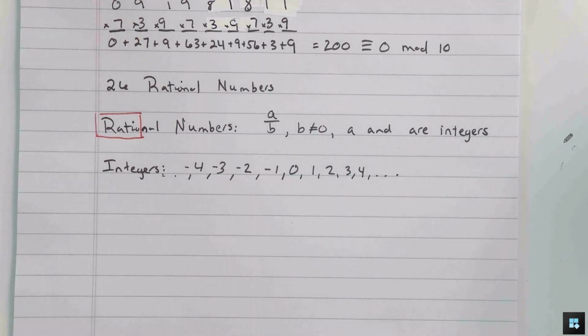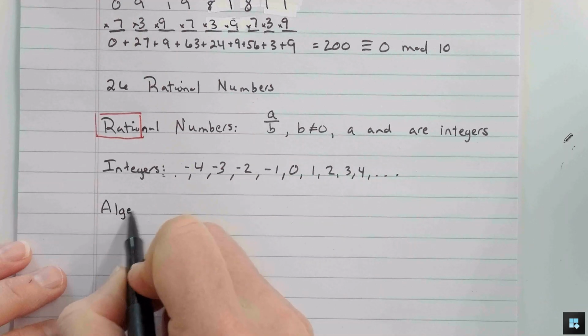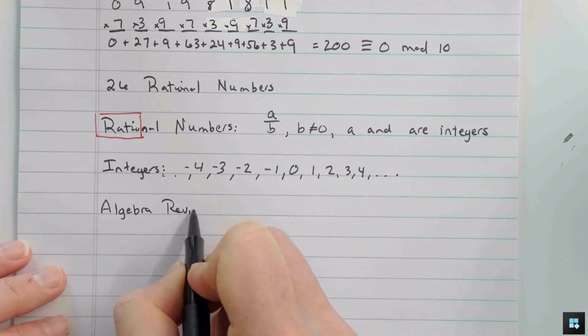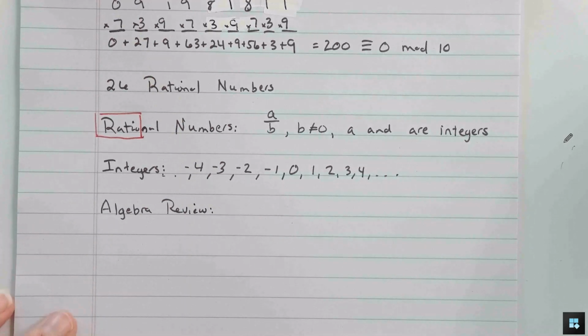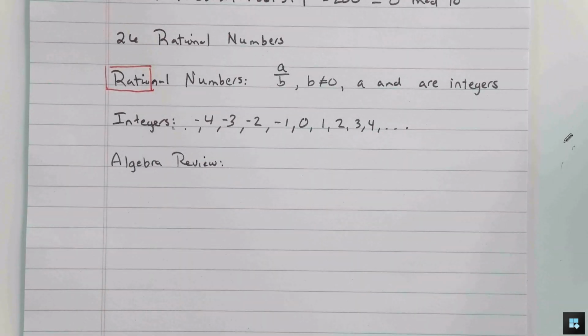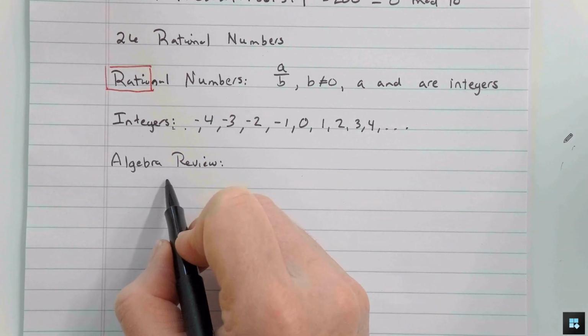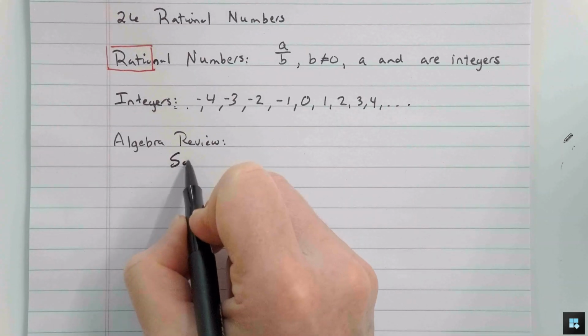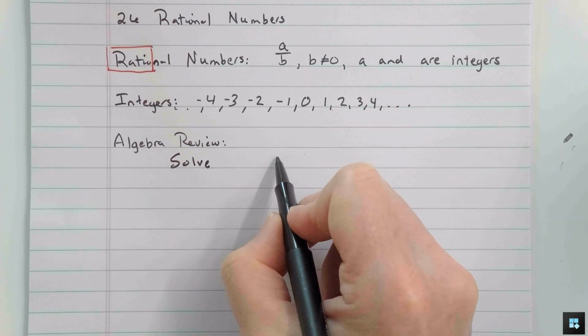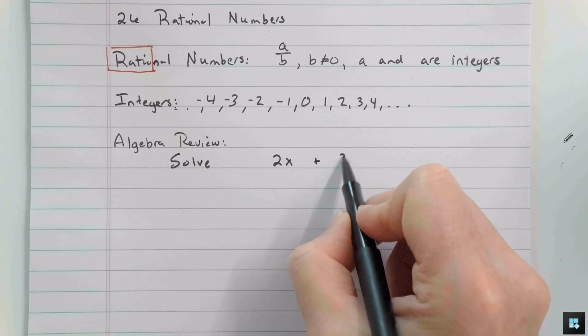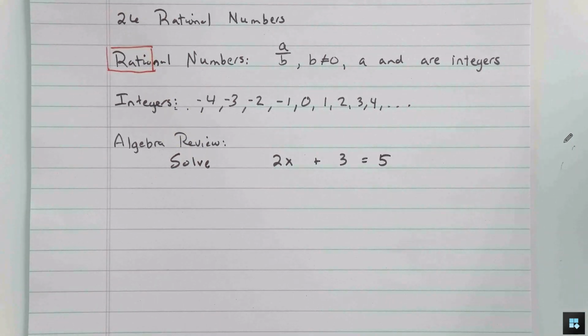Before we look at this section, we're going to do a little bit of algebra. We're going to consider solving an equation. We're going to solve the equation 2x plus 3 equals 5.